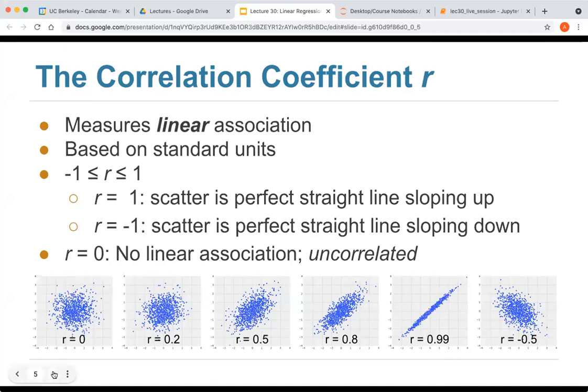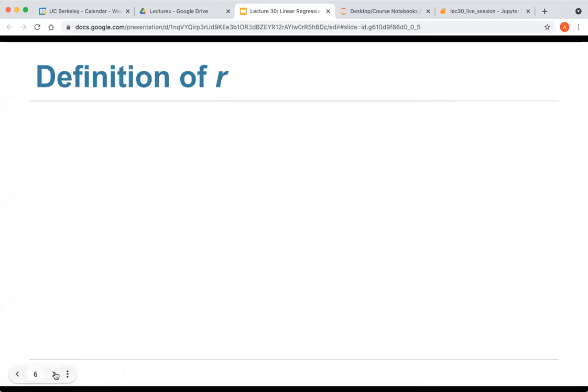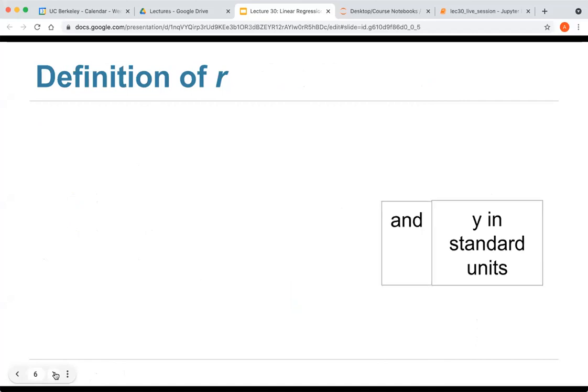Okay, so with this in mind, let's go through what correlation measures. It measures linear association. I will take you through the formal definition. You convert both the variables to standard units. Why? Because whether or not something's clustered about a straight line, we can see that in the picture without actually paying attention to the precise numbers on the two axes.